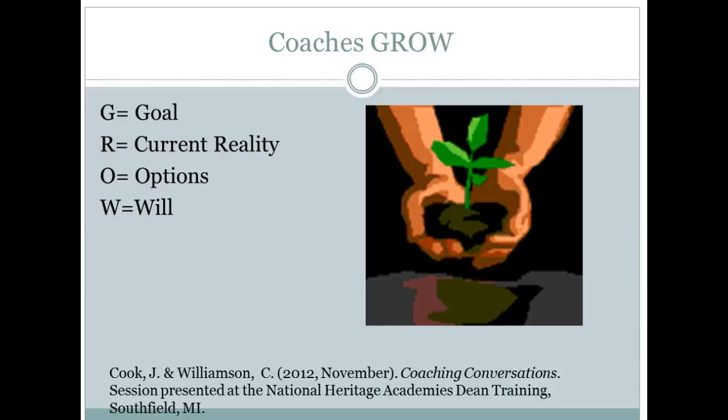And then the will or the way forward involves solidifying an action plan that outlines who will do what and by when. So you have your goal, you determine the current reality of where performance is, you create some options in order to make a plan, and then you solidify your plan and you move forward, denoting whose role will be what and by when.